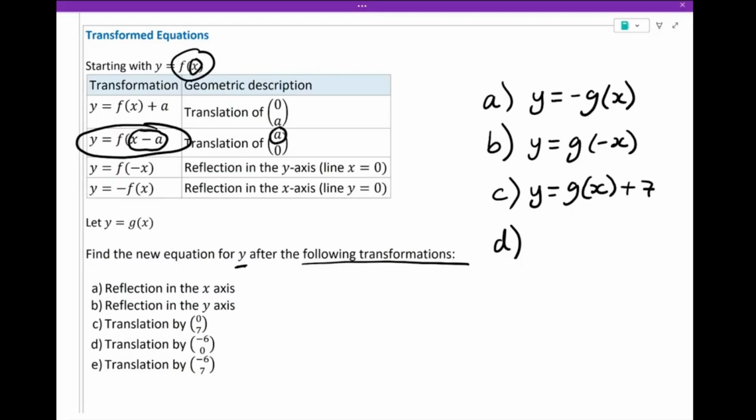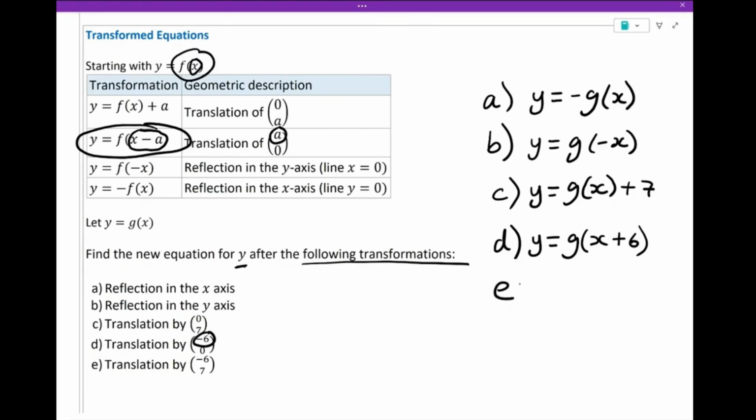So we can write out my answer. It's going to be y equals g, and then open brackets x, and then we need negative a. In our case, a is negative 6. So if I want negative a, I have to multiply that by -1. So I'm going to get positive 6 inside my bracket, and then close bracket. So for our horizontal translations, we should be changing what is inside the brackets.